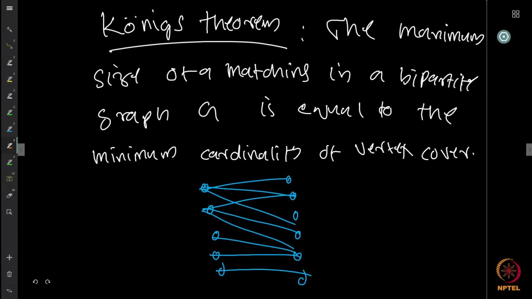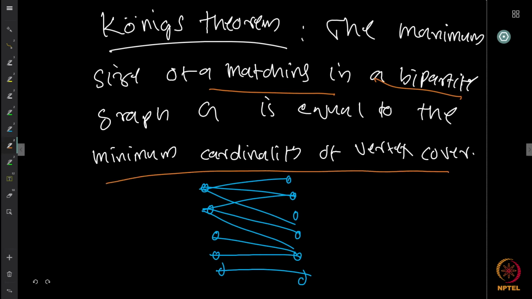The theorem by a mathematician called Konig says the following. The maximum size of a matching in a bipartite graph is equal to the minimum cardinality of a vertex cover.